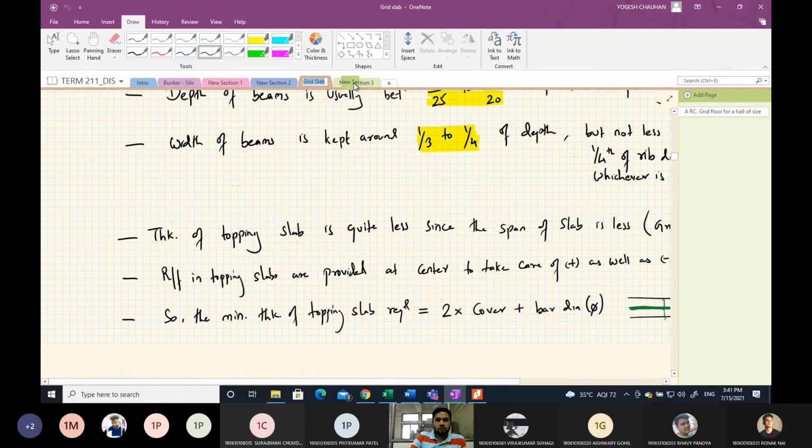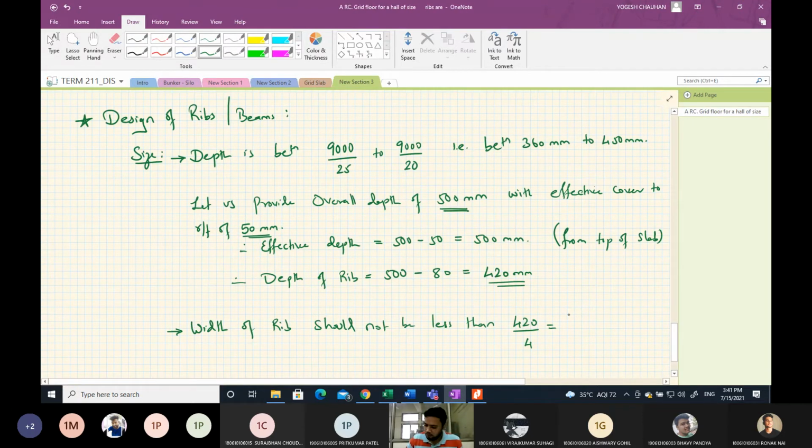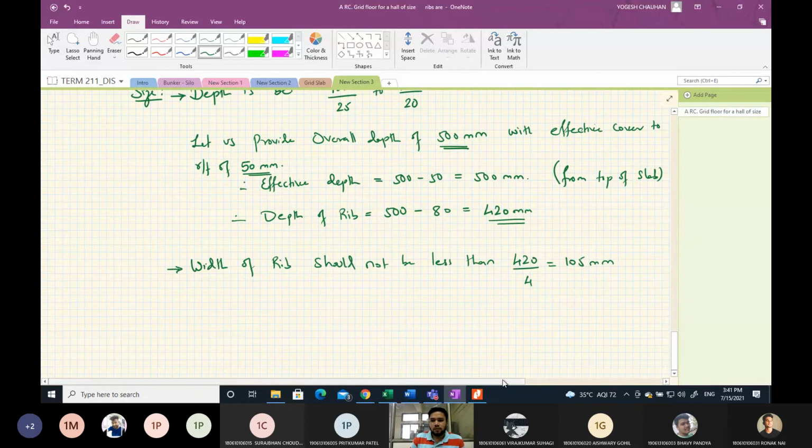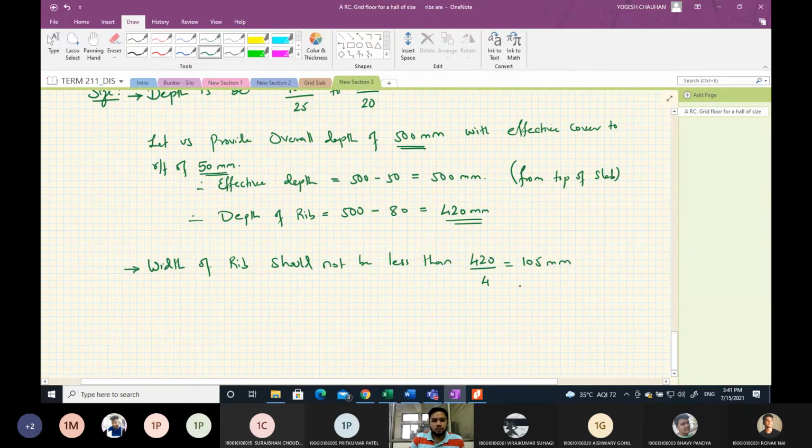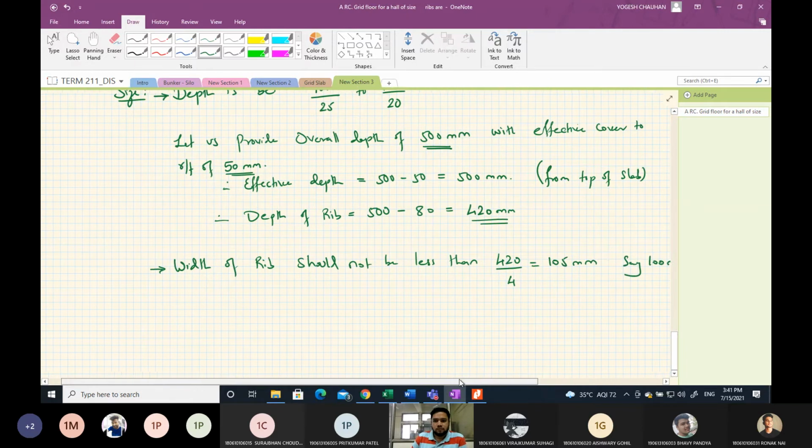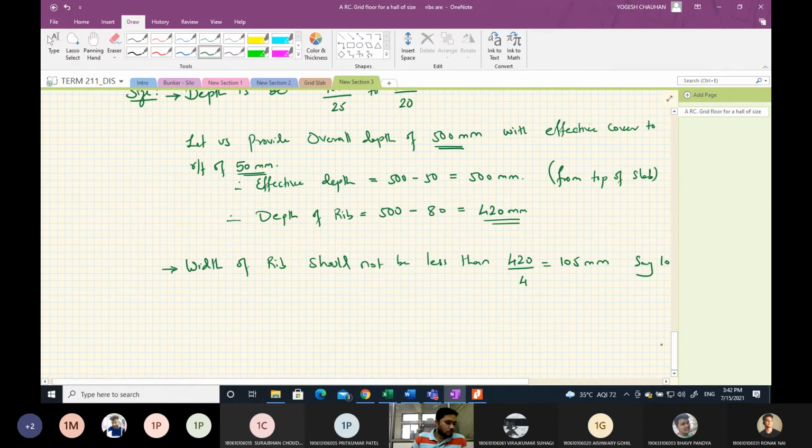So this will be around 105 mm. Let us say 100 mm, because we have to use the standard size. So width of rib is equal to 100 mm.